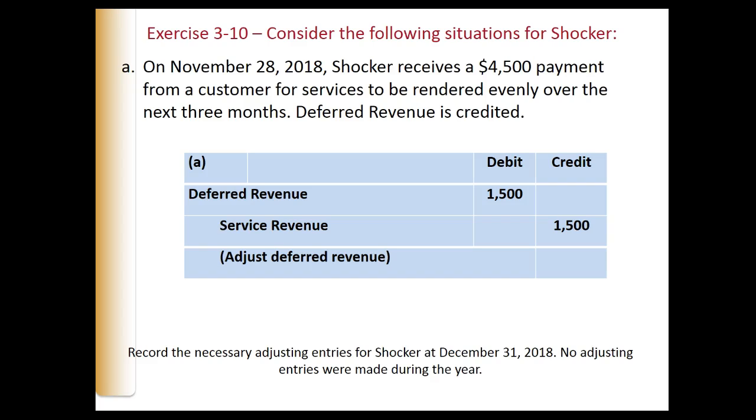Deferred revenue is credited. So we received money that was given to us before we performed any services. Now it looks like services have been performed.